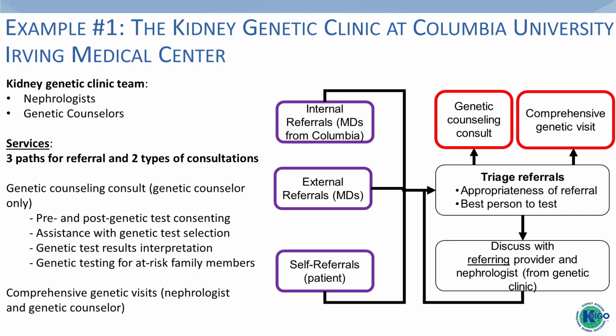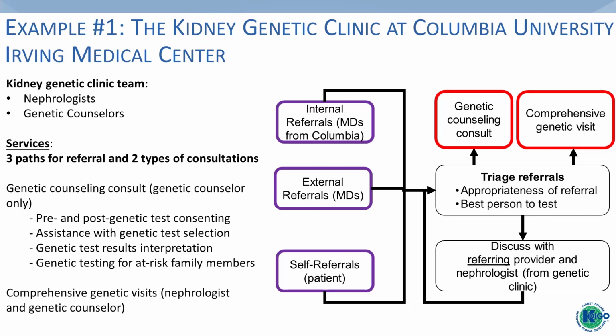So there are three paths of referral for these two types of consultations, and they are shown in purple here. Physicians internally at Columbia, nephrologists or others, can refer directly through our medical record or by email to our genetic counselors.